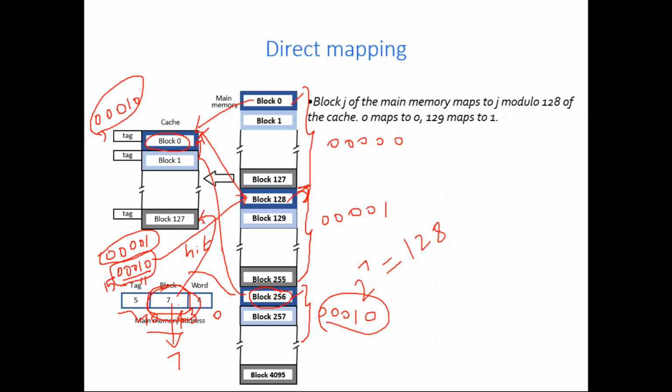That will be referred by this tag bit, I mean which set of 128 blocks. There are many sets of 128 blocks in main memory, so which set this particular block comes in will be referred by this tag bit. It is not only mapping this block; this tag bit also should match. Are you getting it? This is how the checking happens in direct mapping.